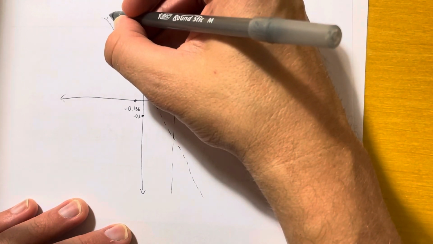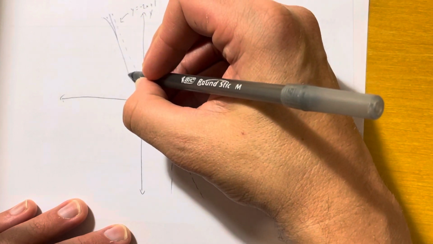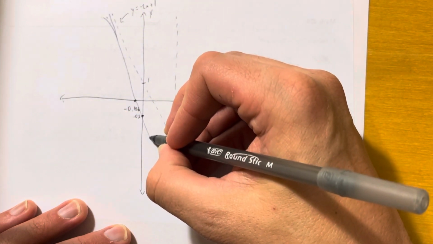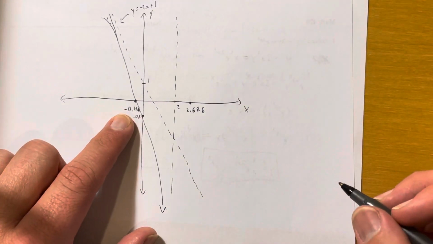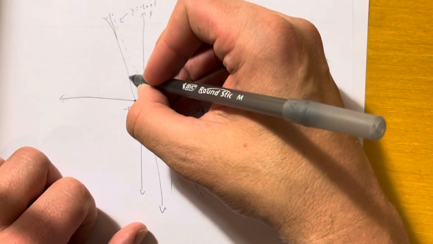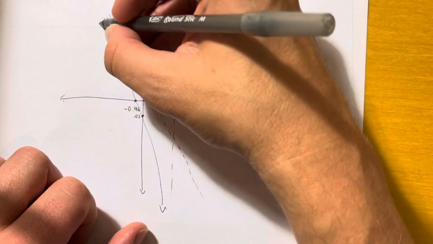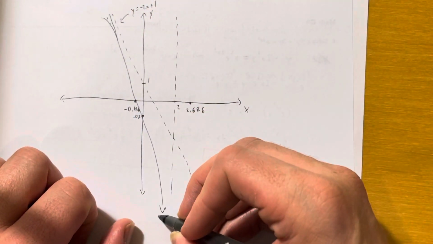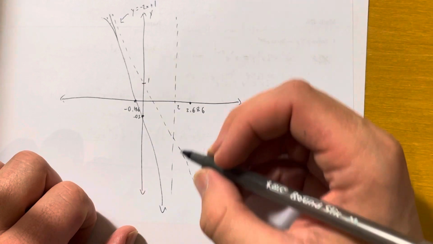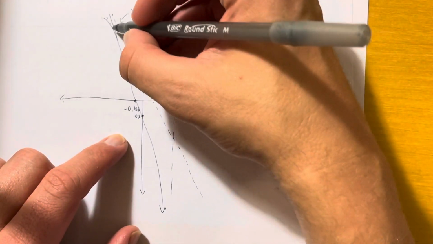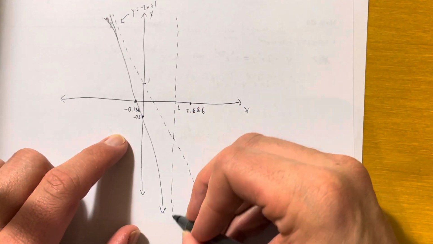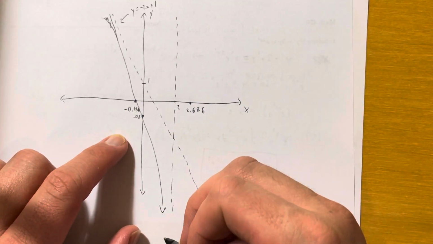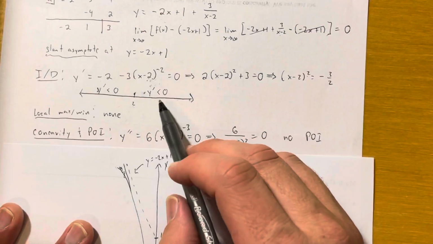Not like that. Okay? And I drew that really, really badly. It actually appears to change concavity, which it should not. It should be concave down this entire time, and should approach this slant asymptote this direction and this vertical asymptote this direction.